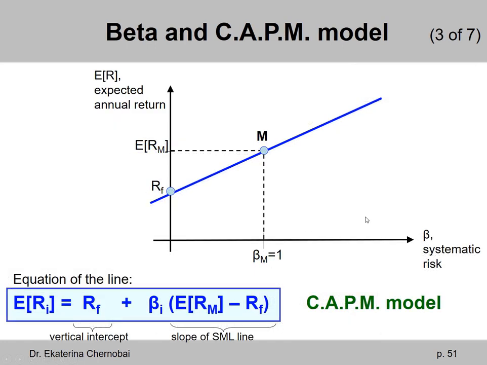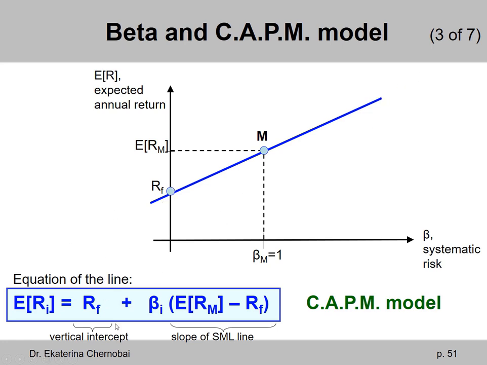Okay, now let's talk about some math. So this is the equation for this CAPM model. How do we calculate the expected return on any stock? So let's say stock I. The expected return on stock I equals, so what's the equation for a straight line?